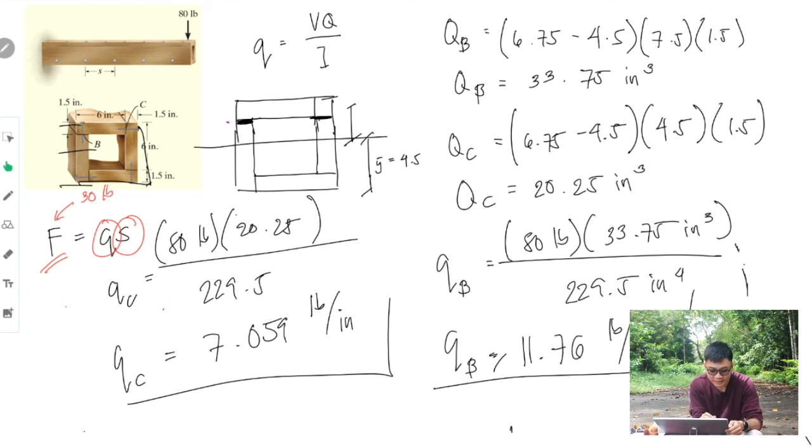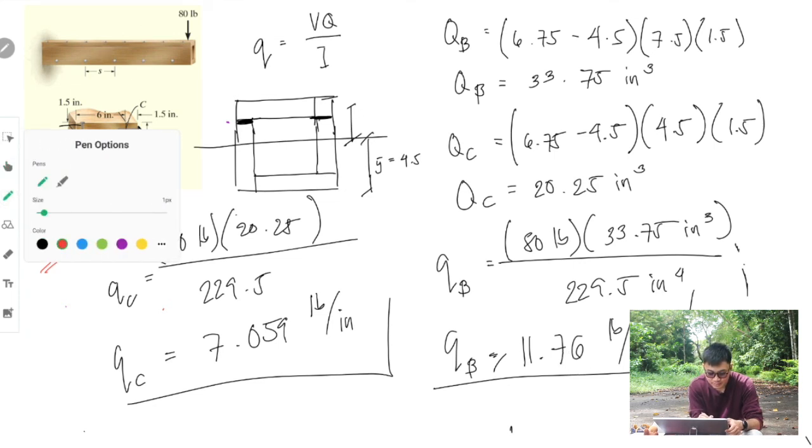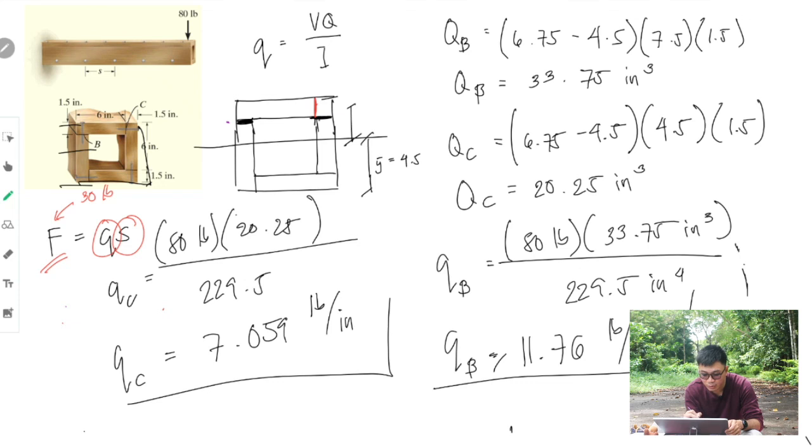And also, our qC, even if it is connected there, there are two of them, so we still also have to divide it by 2. Okay? And this is 3.5295. And this one is equal to 5.88.